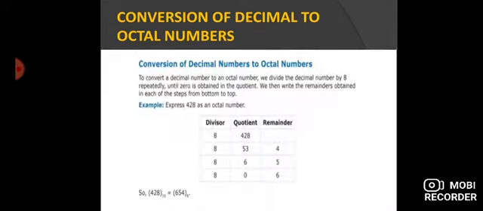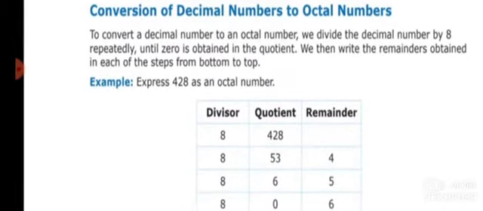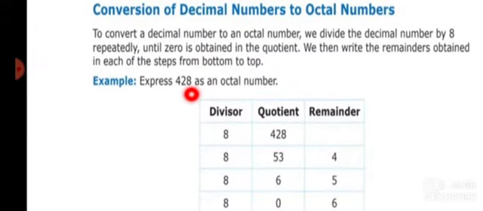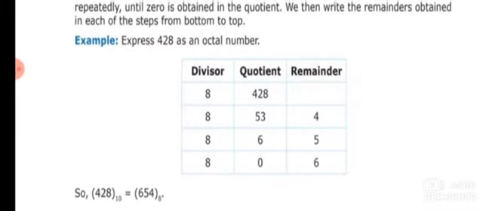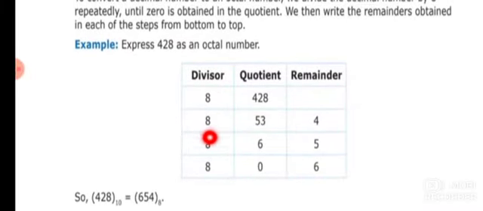Now next we have the same conversion, how to convert decimal to octal numbers. We have another example. In this we have taken 428 as a decimal number. We make a table with 3 columns: divisor, quotient and remainder. In this again we will divide 428 by 8 until we get 0 in the end. On the right hand side we get remainders as 4, 5 and 6.